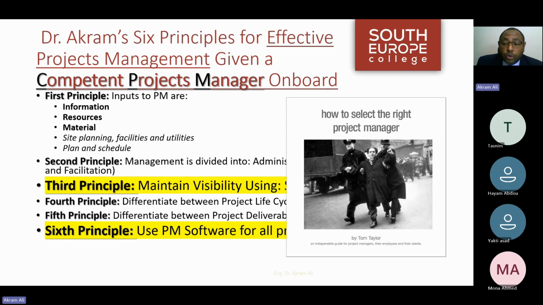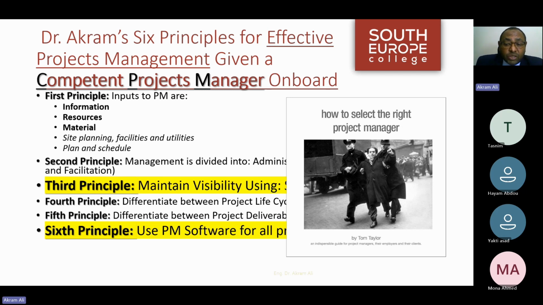If you don't have a project charter, and the project charter states who the project manager is, and you have a project at the same time, then it is kind of a crime, because this will result in wasteful utilization of organizational resources.